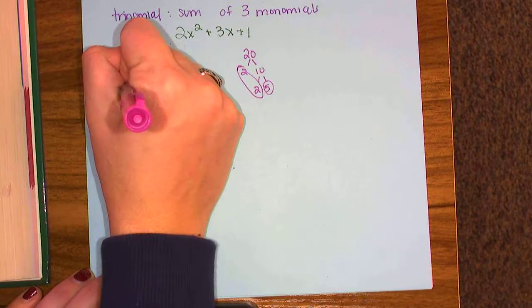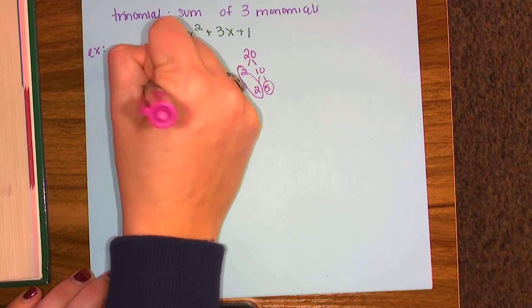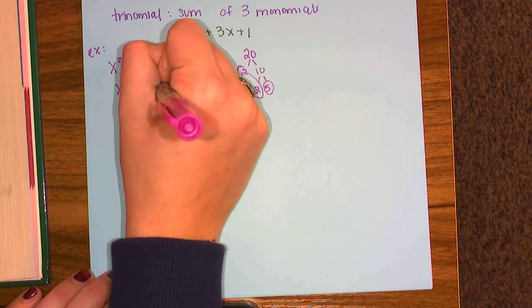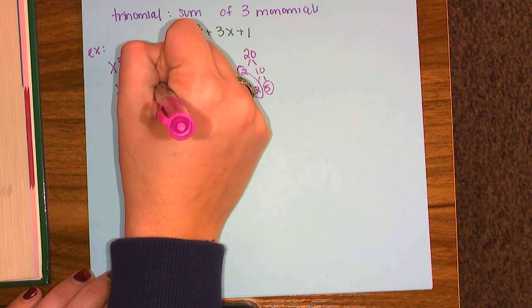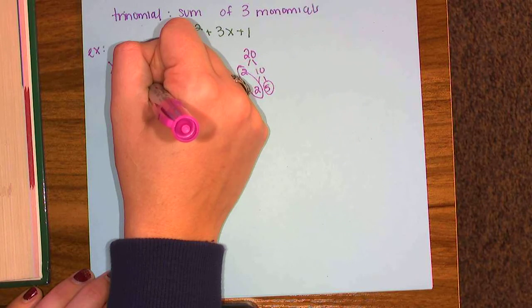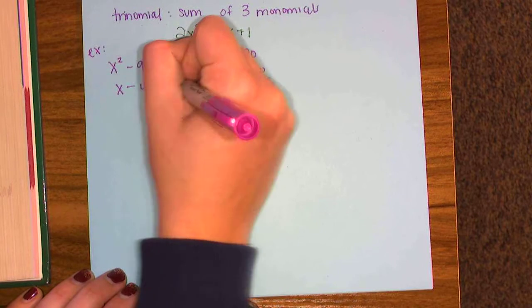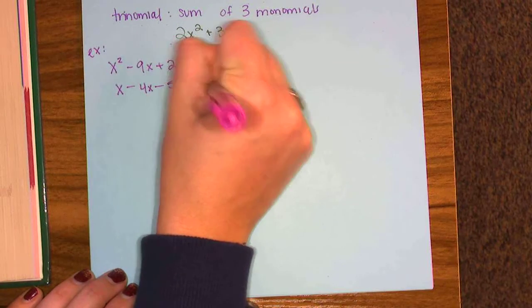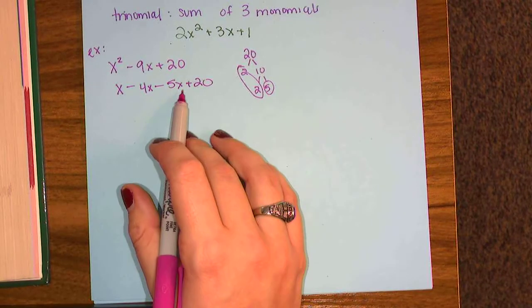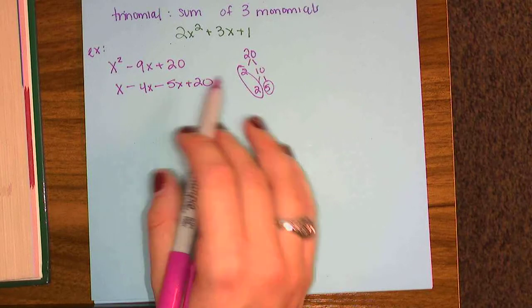So I'm going to get x minus 4x, well, minus 5x plus 20. I usually don't write this step, and I can explain why.